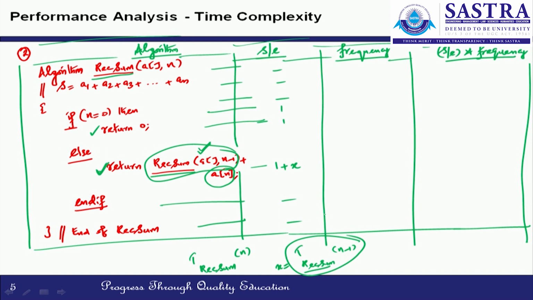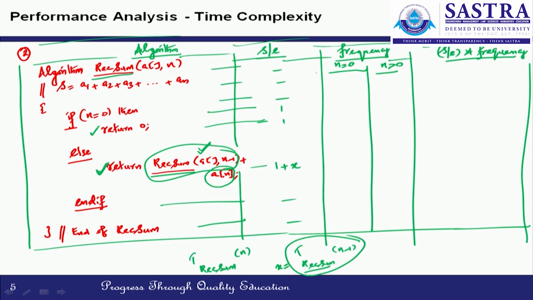So to find the frequency exactly, construct two columns, one when n is equal to 0, second when n is greater than 0. So separate the frequency into two columns, n is equal to 0 and n is greater than 0.